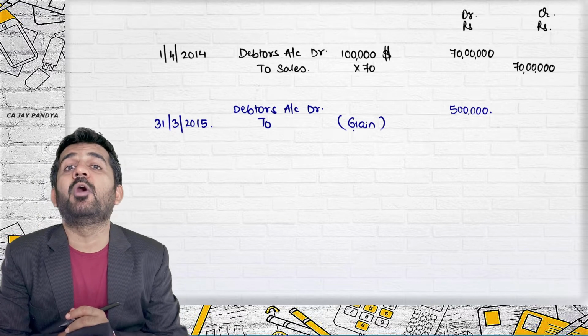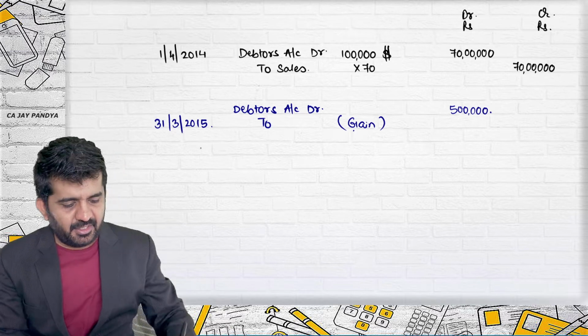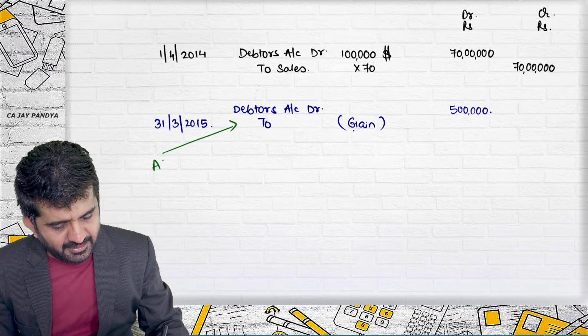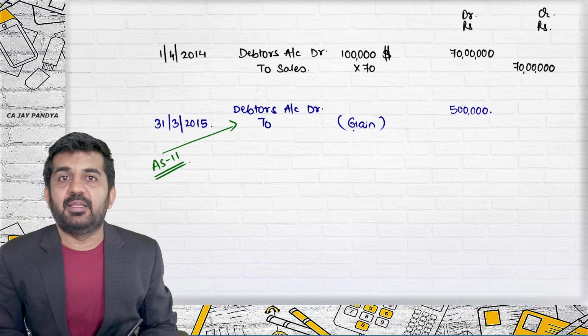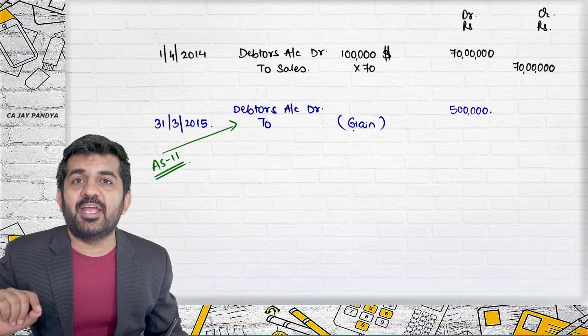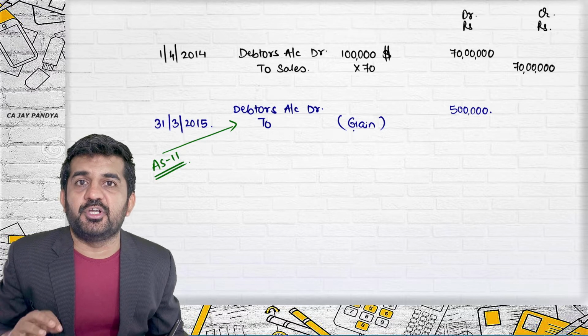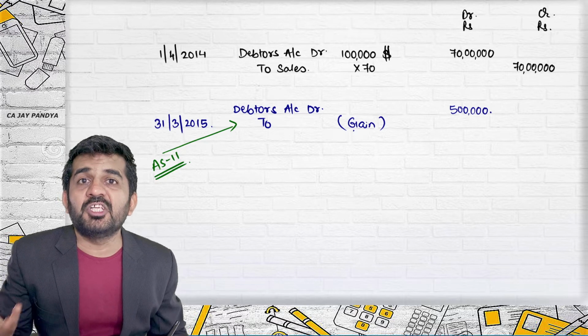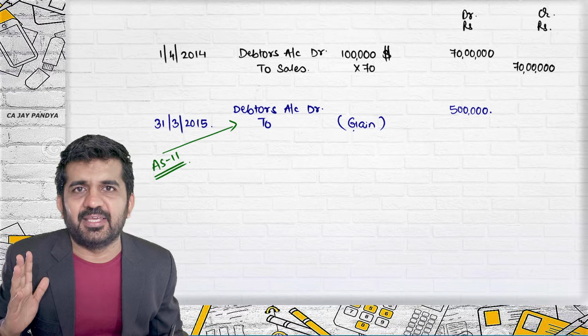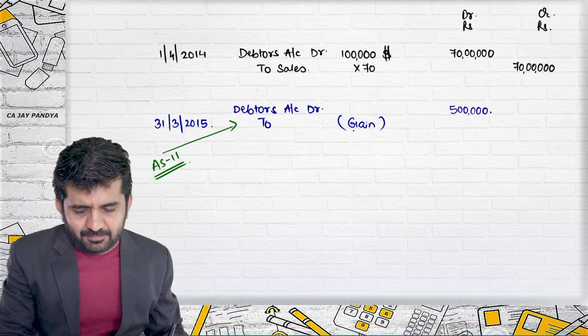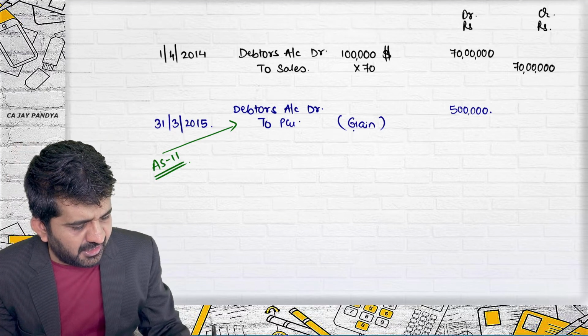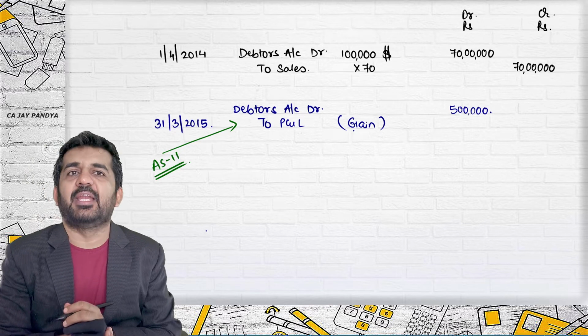And what to do about this gain? Again, it will be guided by AS 11. I told you, foreign exchange conversion differences. What is to be done will again be guided by AS 11. Right now I am just telling you, you can just take it. It will be transferred to the P&L account.